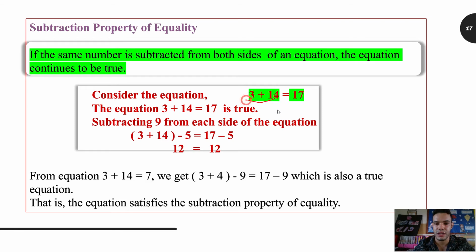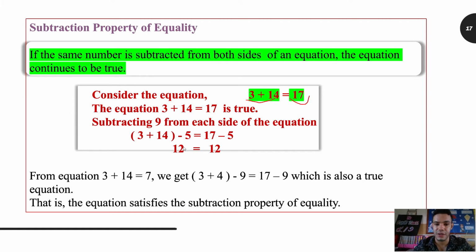So on this side we're gonna put minus 5 and here minus 5. And by the way, you can choose any number you want. It could be 5, 6, 7, 12, 100, 1000, whatever you want. As long as you subtract the same number from both sides, the equation continues to be true.